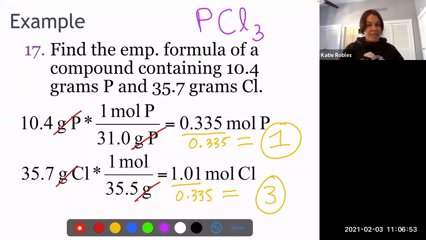There's 1 phosphorus to every 3 chlorines. And again, that's taking something theoretical and turning it into something for real.